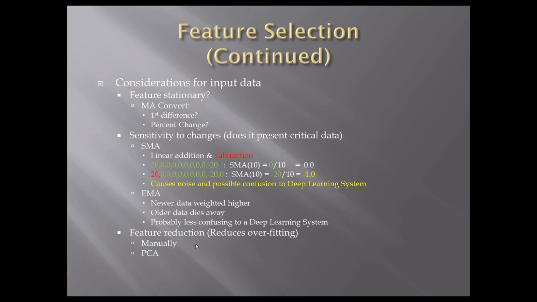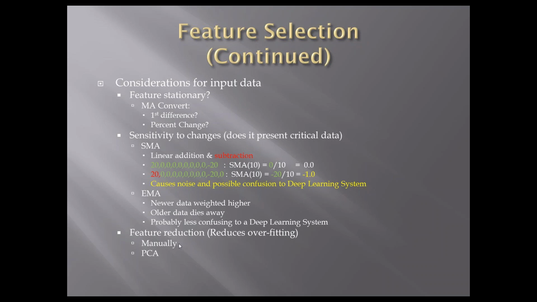The other consideration that you need to have with feature selection is, do you have too much? If you have too much, you're likely to overfit. So you need to do what's called feature reduction, to reduce the overfitting.